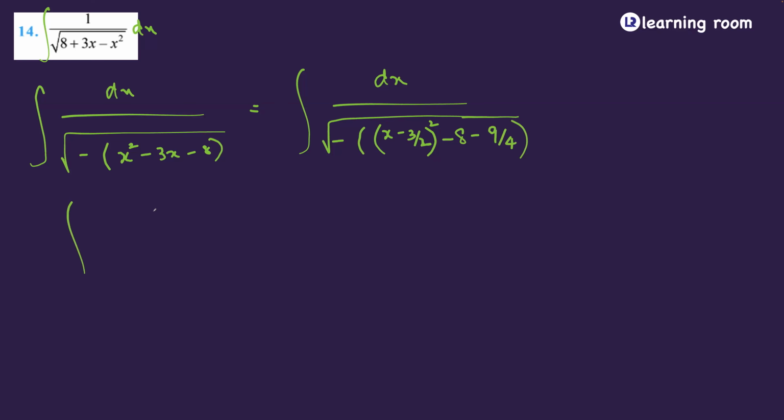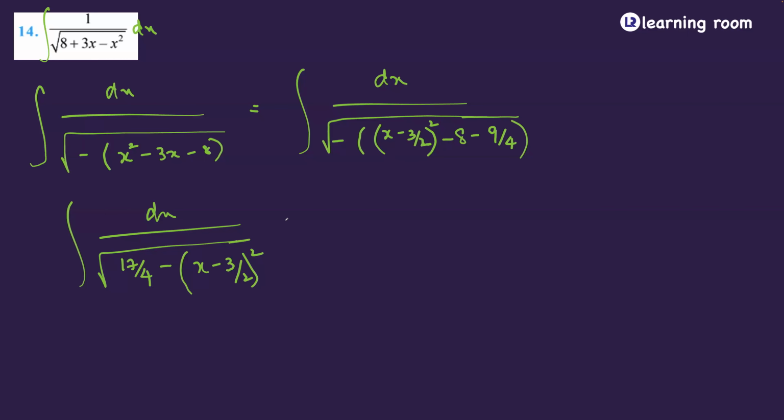So integral of dx divided by square root of, what are you going to have? Minus 8 minus 9 by 4 is going to be minus 17 by 4. Right? So minus 17 by 4 into minus is going to be plus 17 by 4 minus of x minus 3 by 2 the whole square.